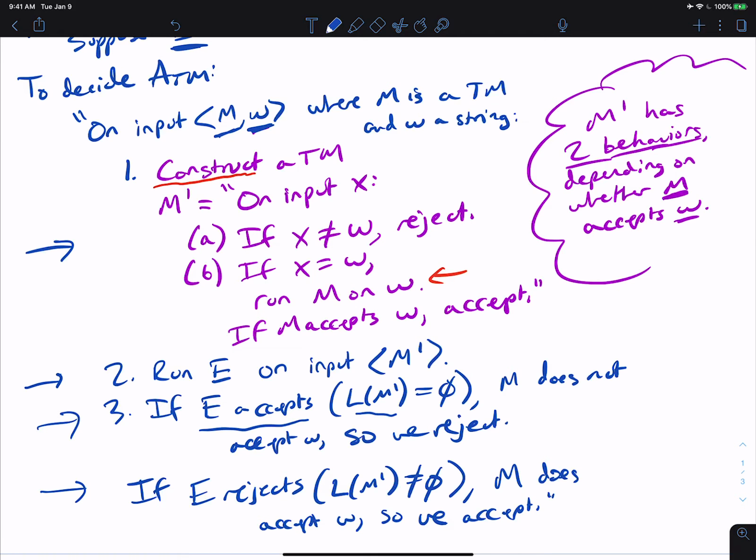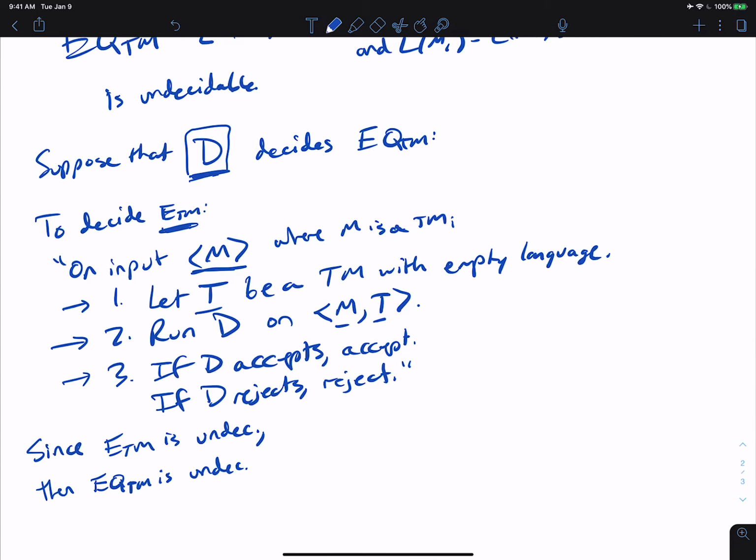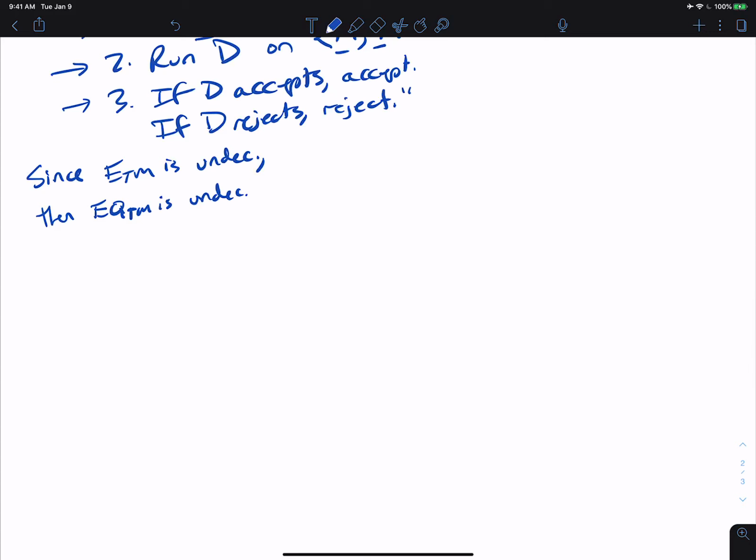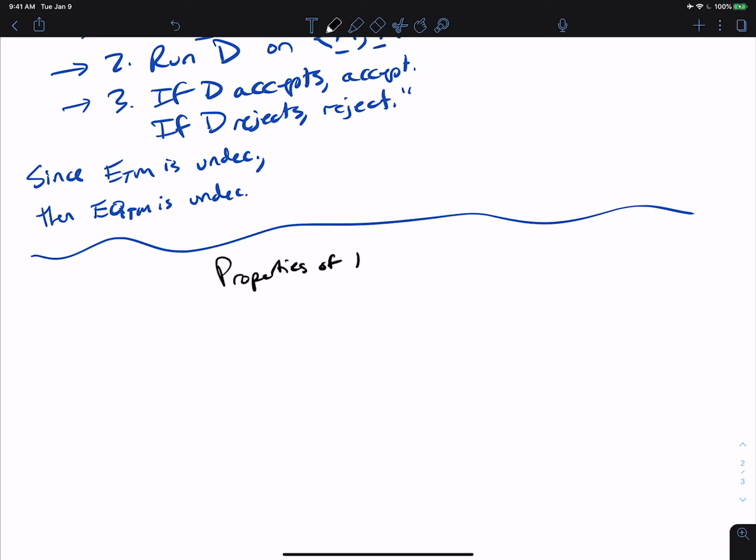We could do that, but it turns out that there's a much, much easier way of showing a wide class of problems are undecidable. It doesn't show everything undecidable, but it shows a wide class of them. To introduce this, I need to talk about properties of Turing machine languages. So what in the world is that?